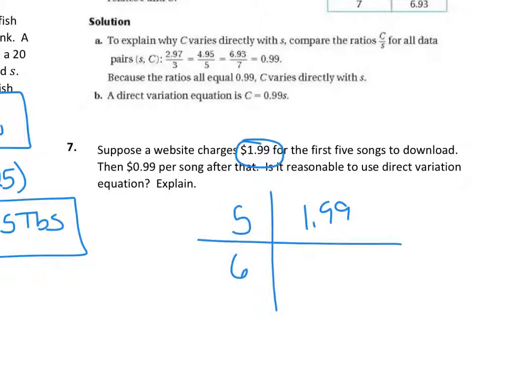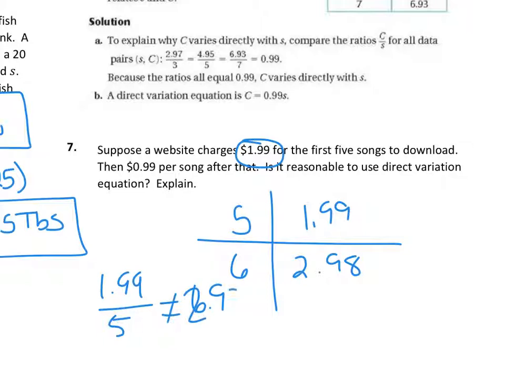And then for 6 songs, it's going to be $2.98. And $1.99 divided by 5 does not equal $2.98 divided by 6. So therefore it is not direct variation. There is no constant. Okay? We'll see you guys in class.